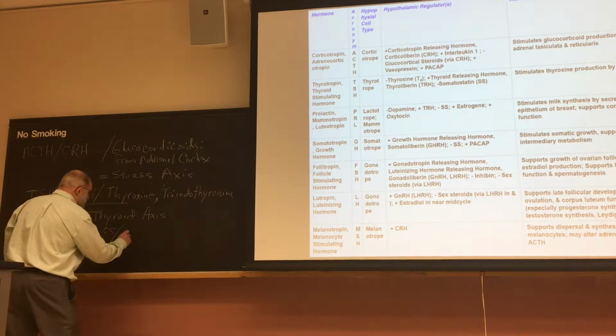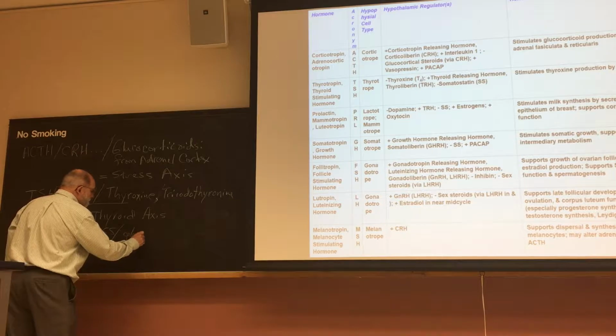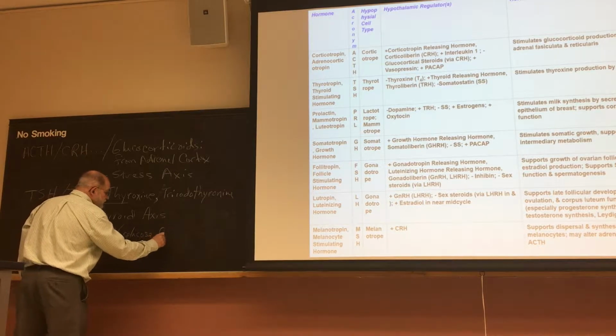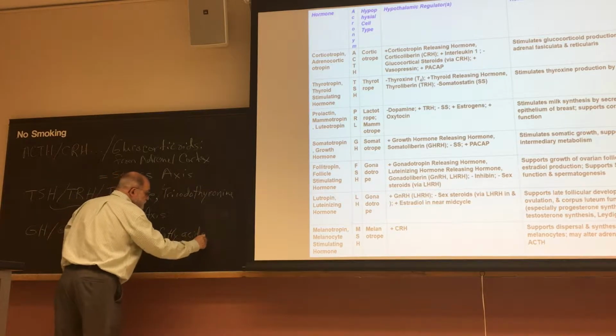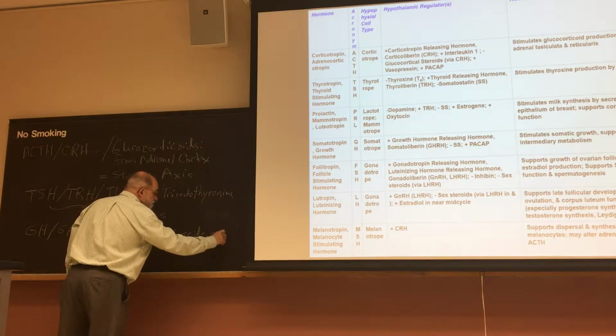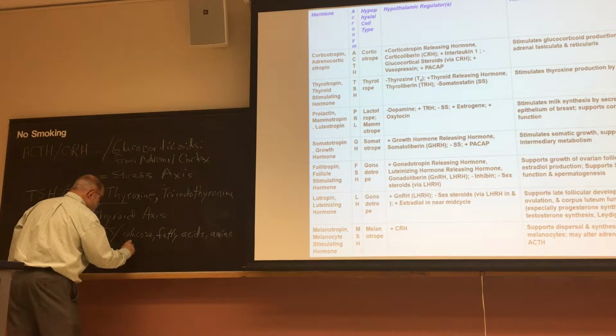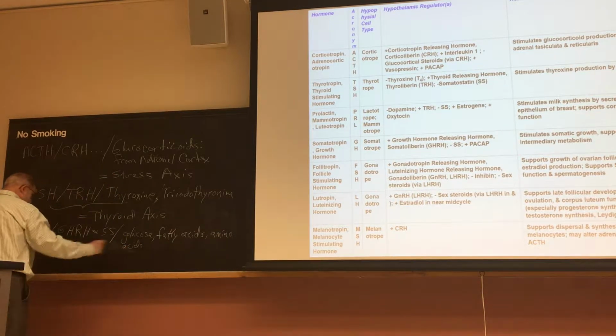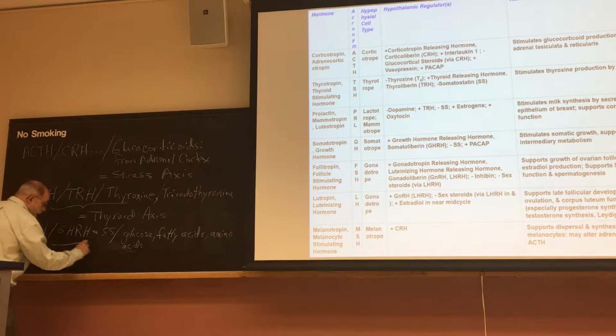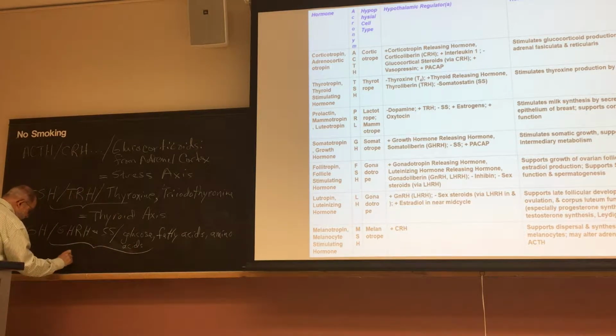So these tend to be things like glucose, fatty acids, and certain amino acids. And these overall constitute the growth axis.